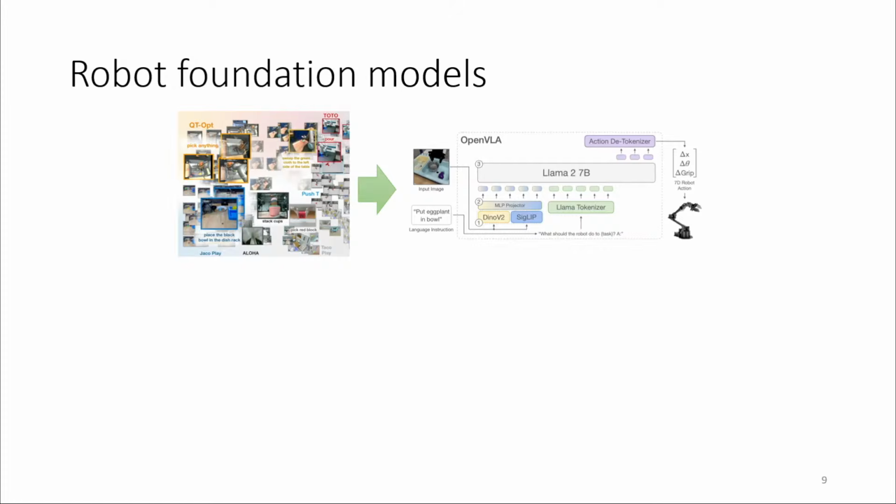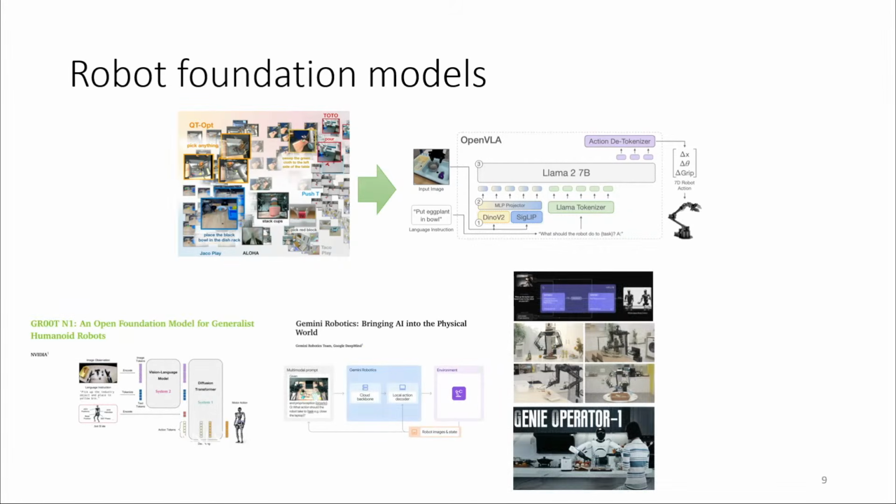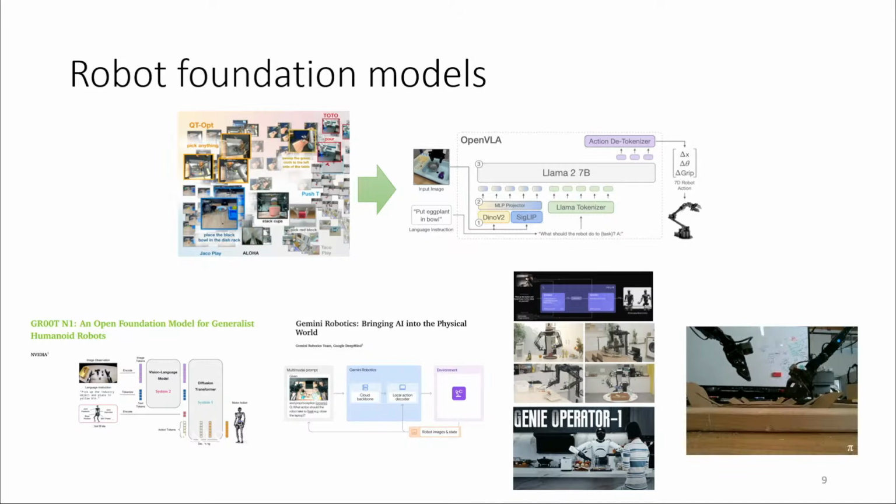So there are a variety of ways to do it, but roughly speaking, the recipe is to get lots and lots of robot data, typically from many, many different tasks, and use some kind of pre-trained model, like a vision language model, that already understands the relationships between images and language, or videos and language, and then fine-tune it to control robots using your robot data. And this has been a very active area of research. Lots of companies, lots of academic labs have been developing all sorts of models. And it's been pretty successful. It's possible to get models trained on large data sets that can do lots of pretty fancy stuff.